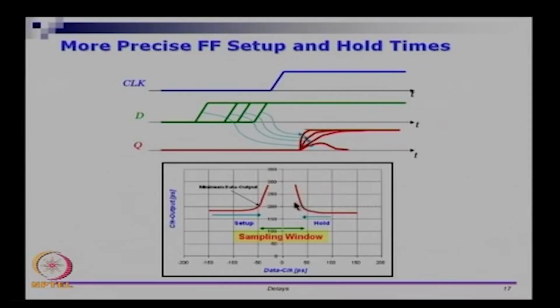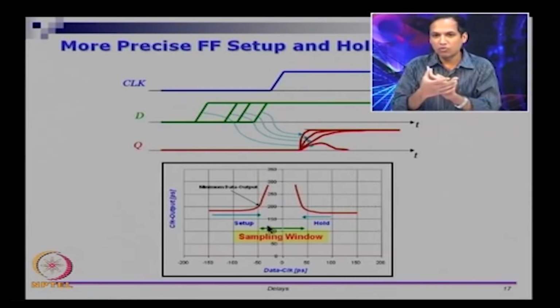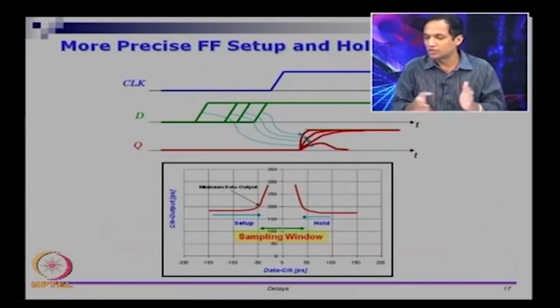In either of these cases, it is possible that the clock to output delay actually increases tremendously, and this is a problem. There is a narrow window in which you want to sample, and if you change the input in this sampling window, then the clock to Q delay increases without any control.